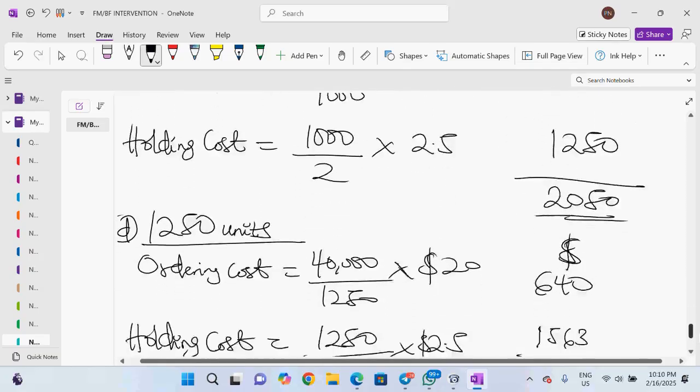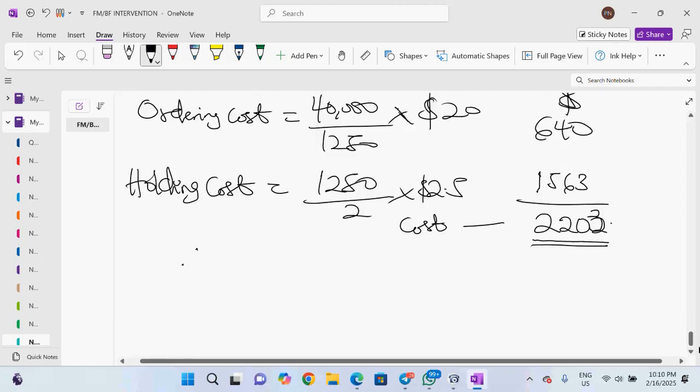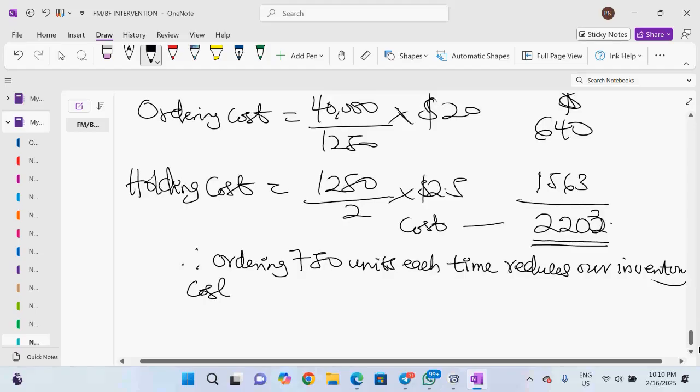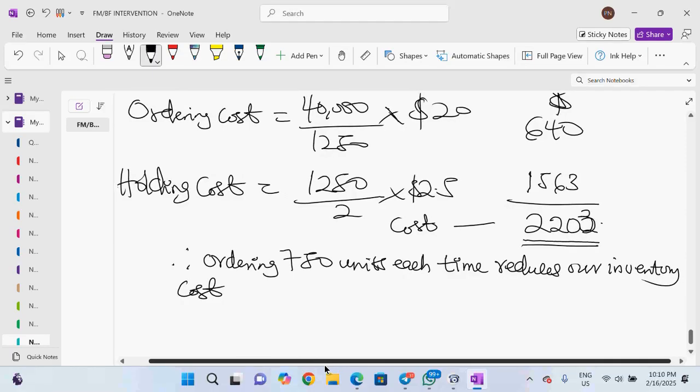That's the 750, 2,005. Therefore, ordering 750 units each time reduces our inventory cost and gives us the least cost.